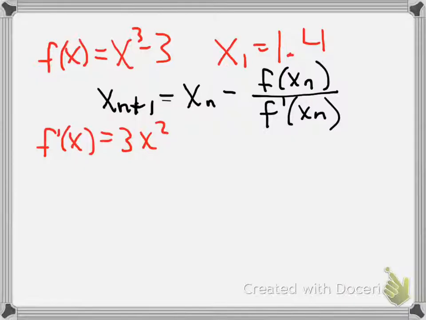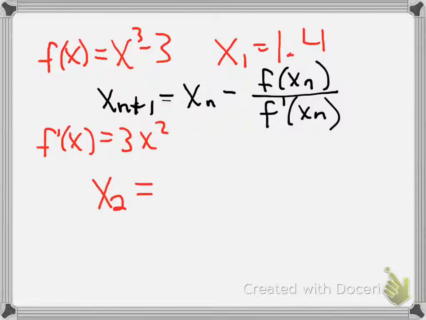So over here I've got this example 2. f of x is x cubed minus 3, and we're coming up with the first guess, that's 1.4. And in black, that's the Newton's method formula, and I wrote down what the derivative was because we're going to need that for the denominator. Okay, so x sub 2, that's going to be our first iteration, will equal x sub 1.